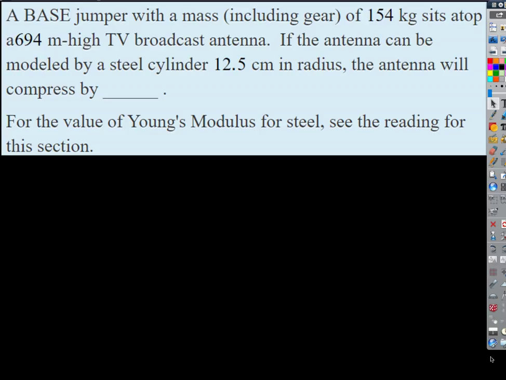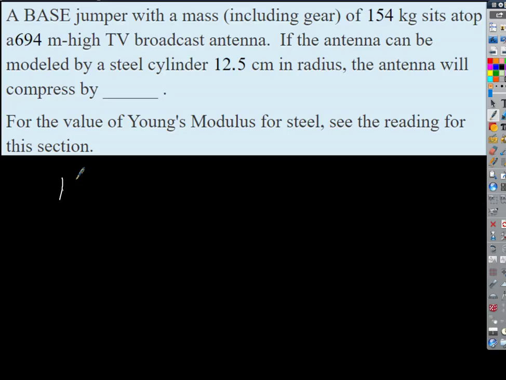Okay, so what's our equation here for compression or tension within the elastic limits, which this clearly is? So how does that work? Remember?